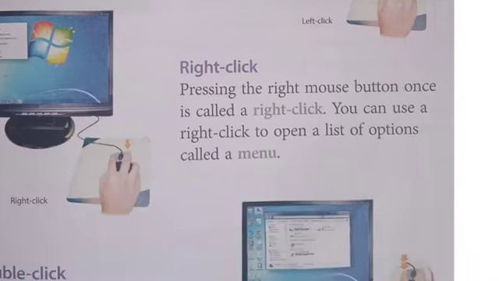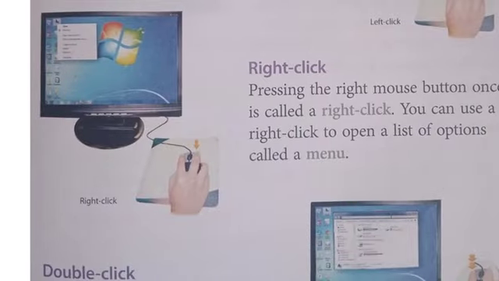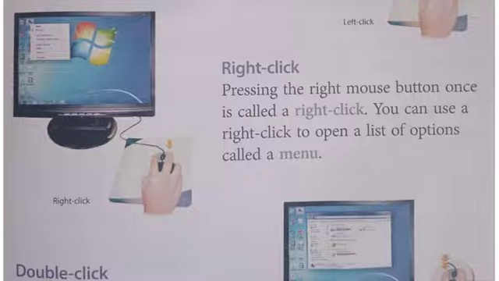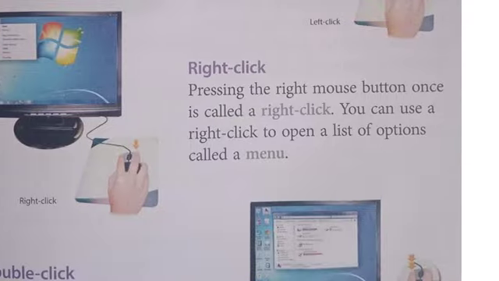Then the right click. Pressing the right mouse button once is called the right click. You can use a right click to open a list of options called a menu.